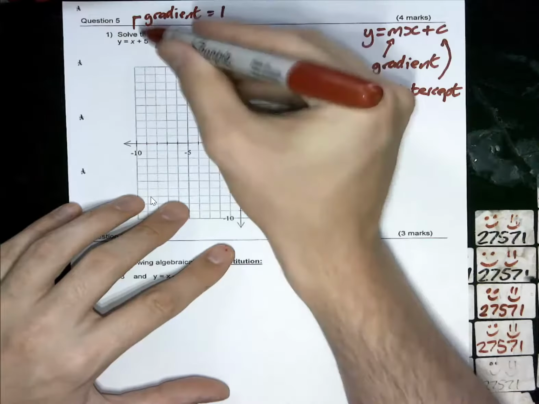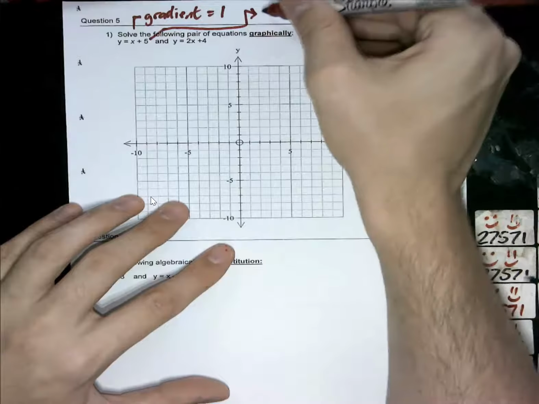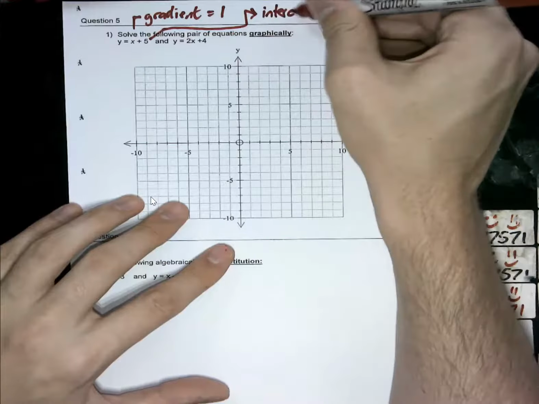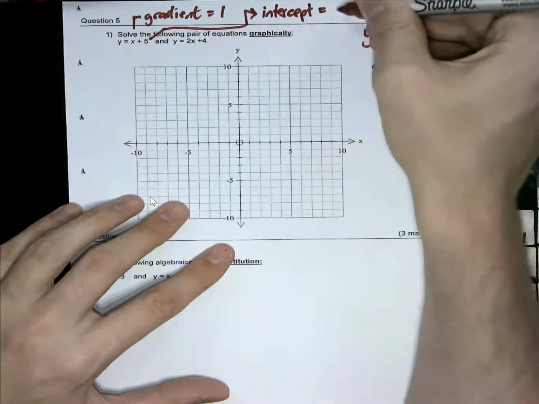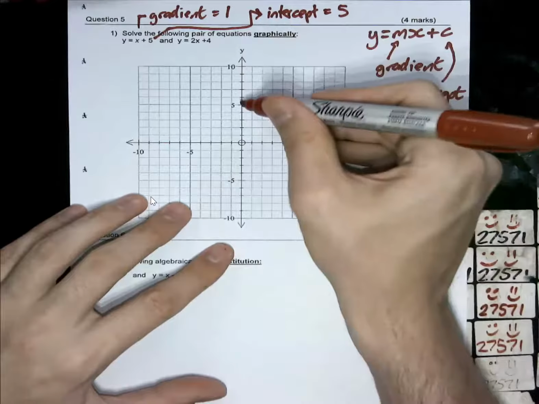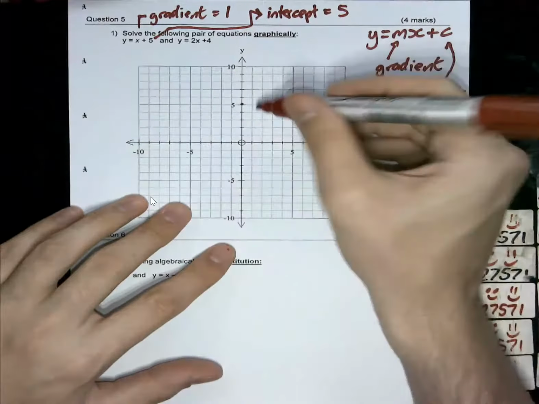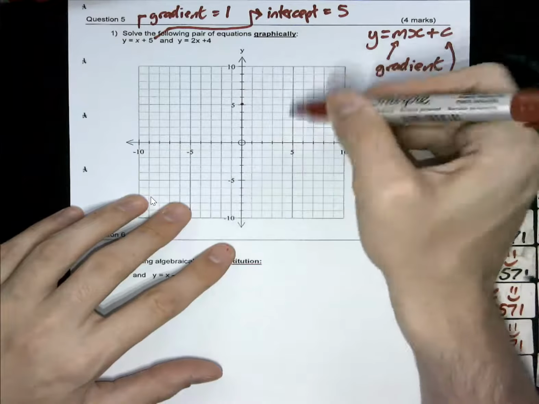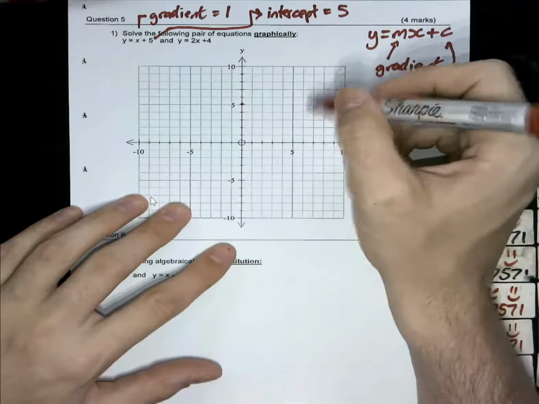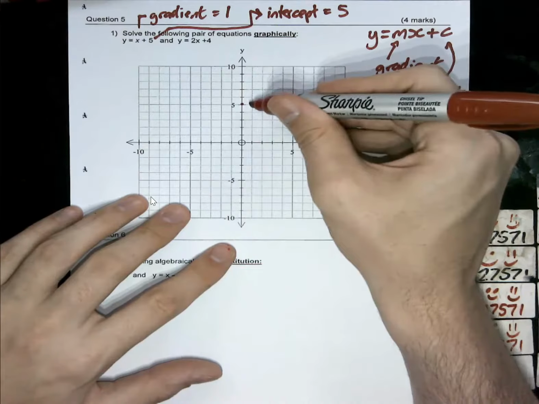Intercept is 5. So you know that that first line is going to cross the axis here. Also remember that if your gradient is 1, that means that your rise over run is going to be 1. So for every 1 square that you go across horizontally, you'll go up 1 square vertically.